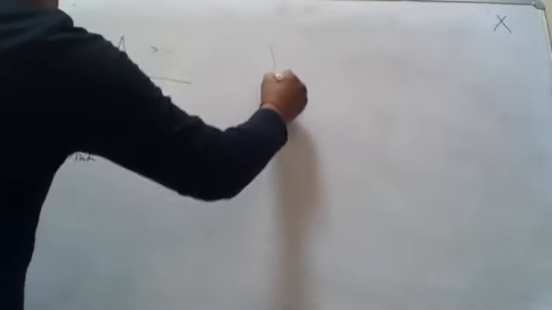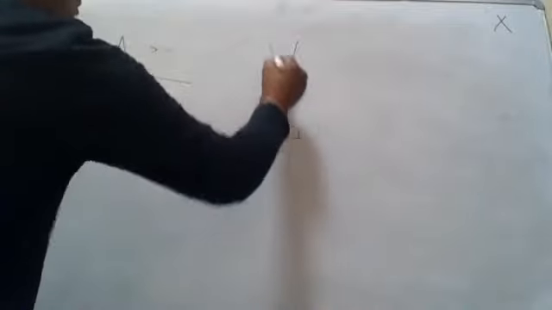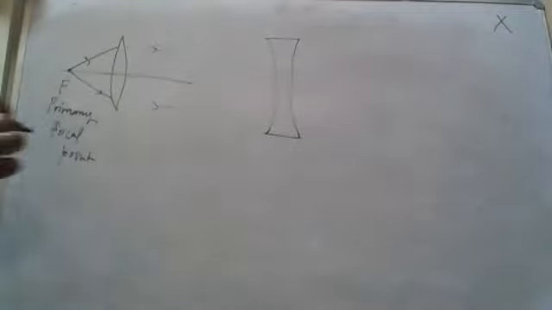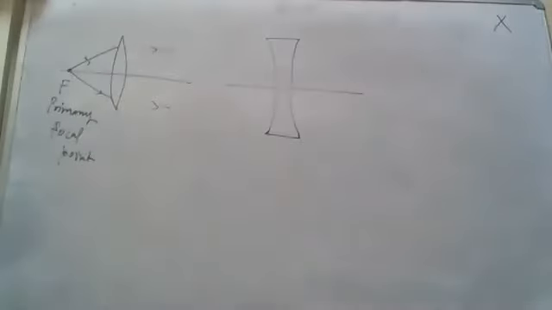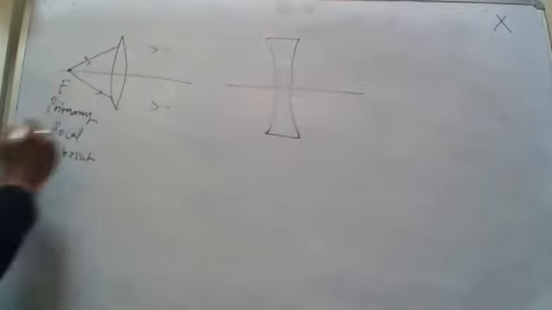So suppose I have here the concave lens, and we want to define the primary focal point. So what do we have to do? How do we have to define this one? So the ray here is diverging, so it becomes parallel. So those rays are diverging from the focal point.